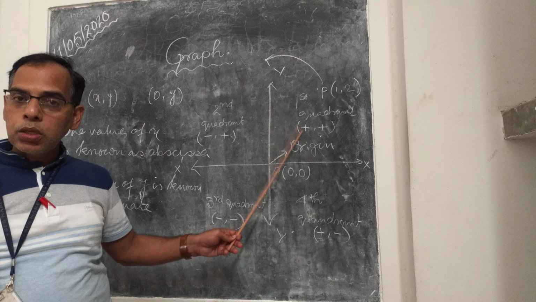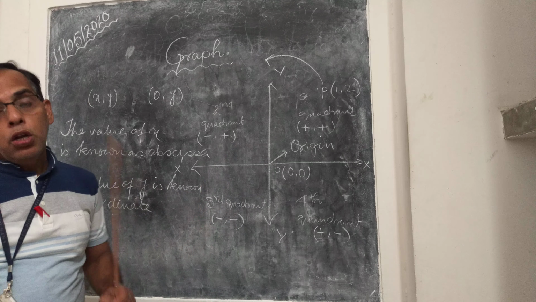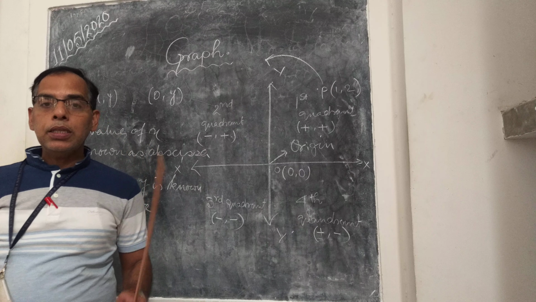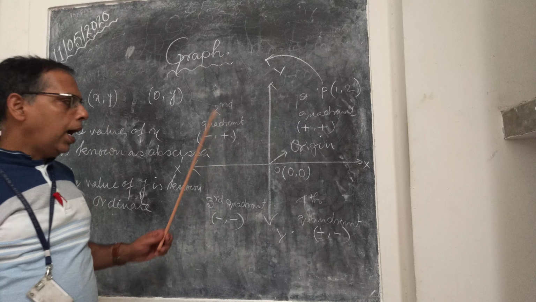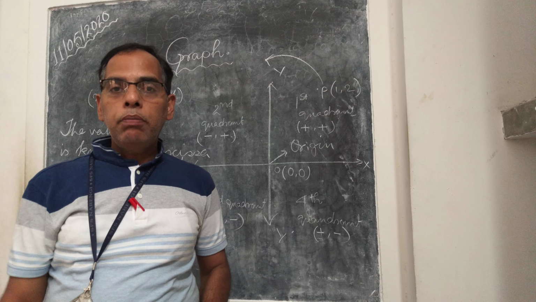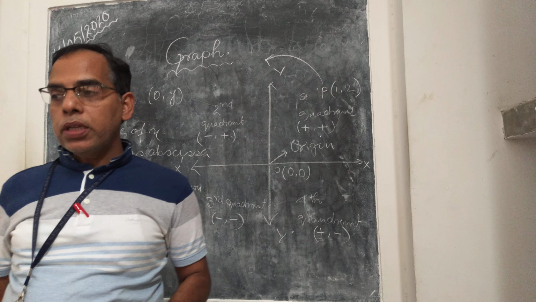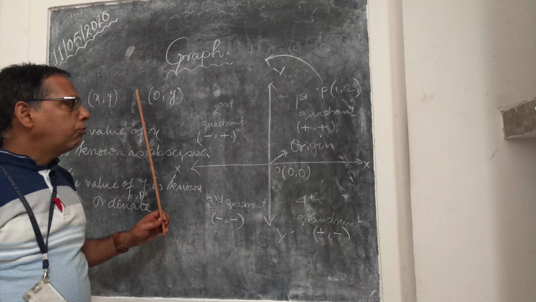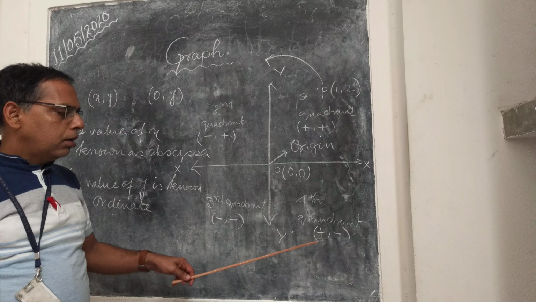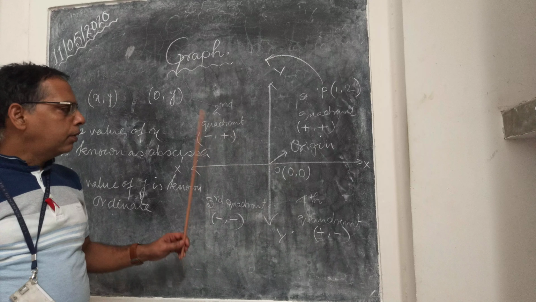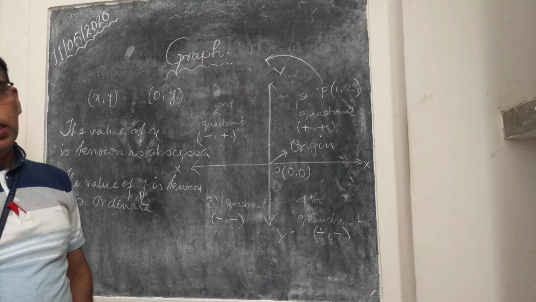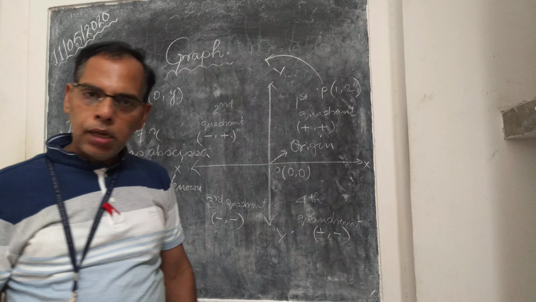In the first quadrant both x and y are positive. In the third quadrant both x and y are negative. And which are the quadrants where x and y have opposite signs? The second and the fourth. In the second, x is negative and y is positive. In the fourth, x is positive and y is negative. Clear?